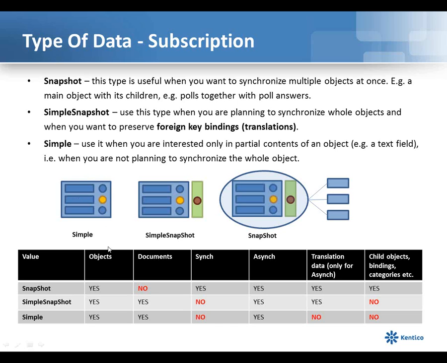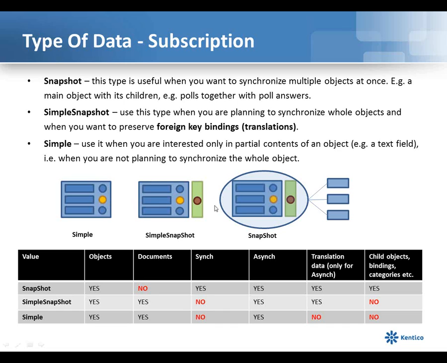If you subscribe to a data subscription, only the object itself with all of these values will fall down to your connector, but you would not have an option to translate these foreign keys, because the foreign key itself could be, let's just say, an ID. In my system in Kentico, the ID could be, let's just say, 5, and in the external system this could be 10 or 11. The ID could change. So that's why you might want to do a translation.